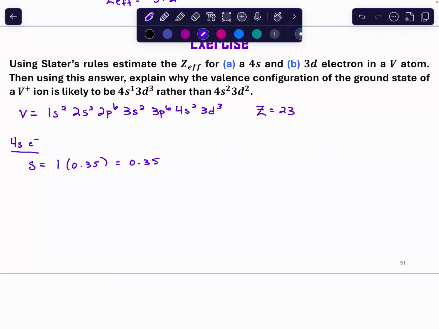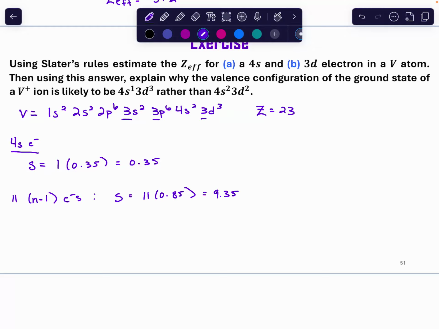Now we go to n minus 1, which is 3. If I count those up, I have 11 n minus 1 electrons. That's going to give me a shielding constant of 11 times 0.85 equals 9.35.